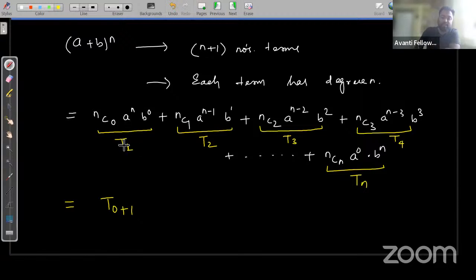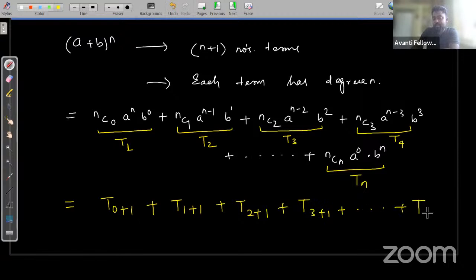So this t1 can be written as t0 plus 1, this t2 can be written as t1 plus 1, yes or no, this t3 can be written as t2 plus 1, t4 can be written as t3 plus 1, and so on.